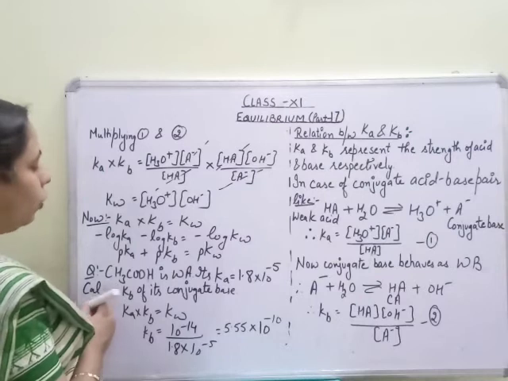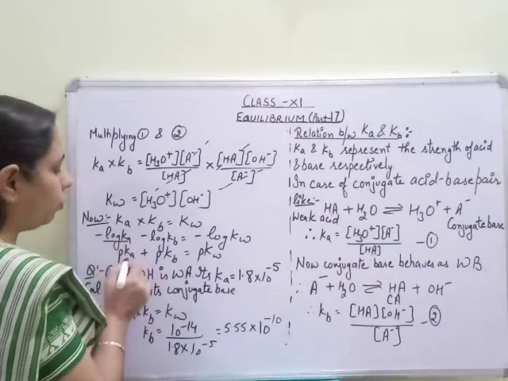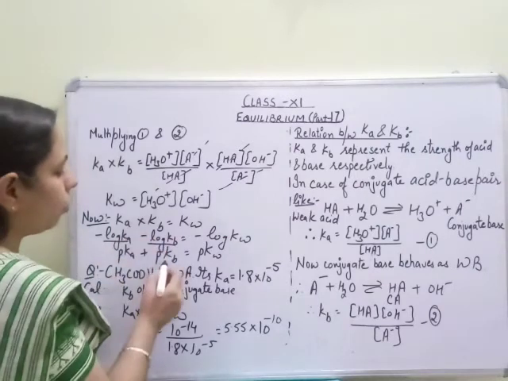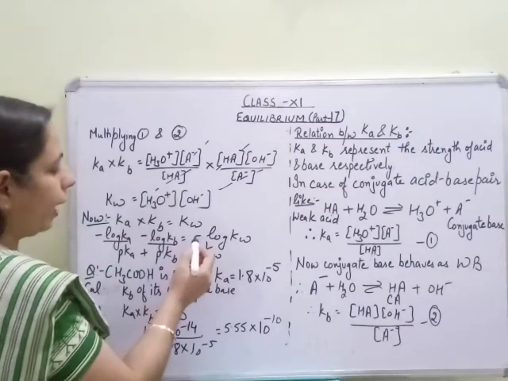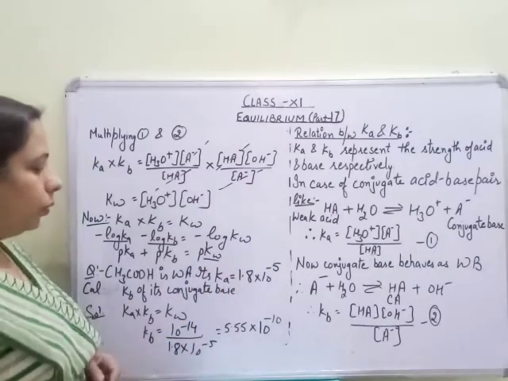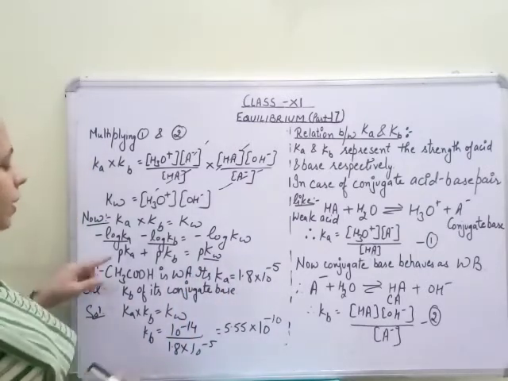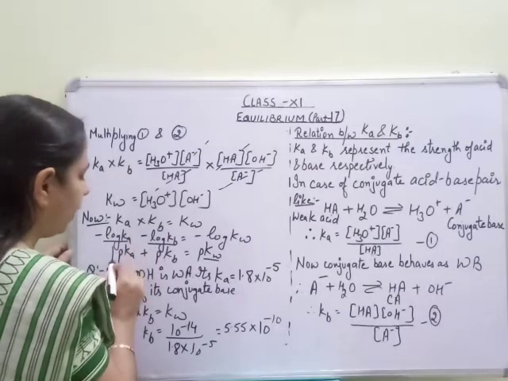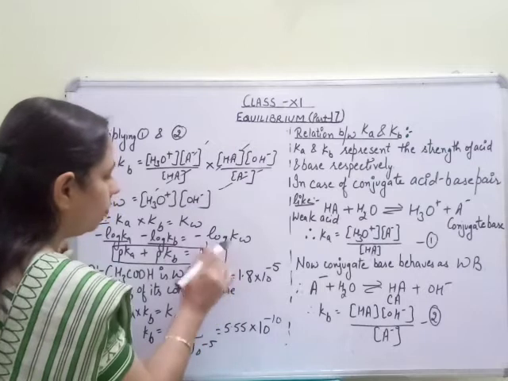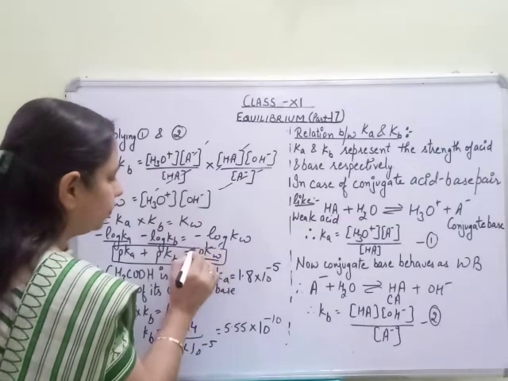Now we know that negative log of Ka is equal to pKa, negative log of Kb is equal to pKb, and negative log of Kw is equal to pKw. Hence the final expression with us is pKa plus pKb is equal to pKw.